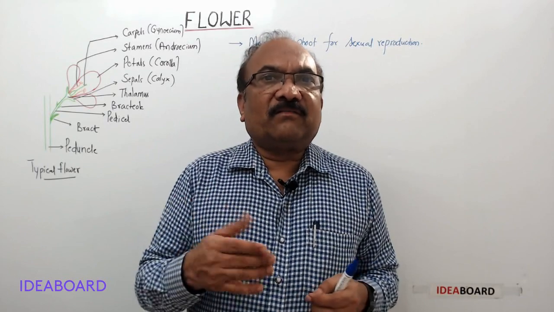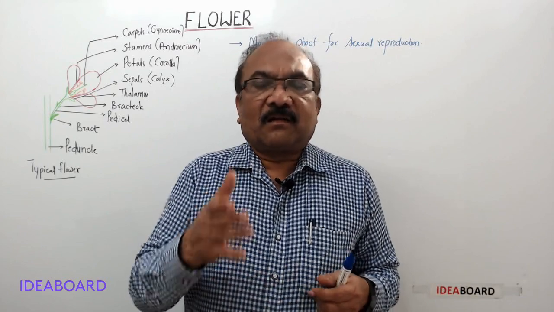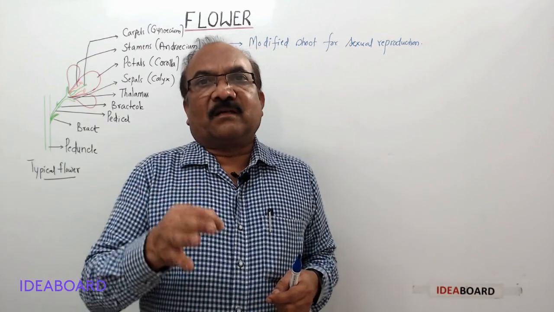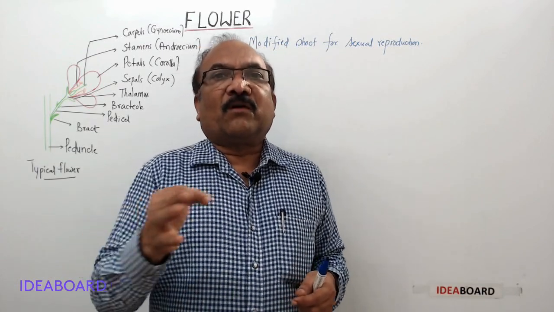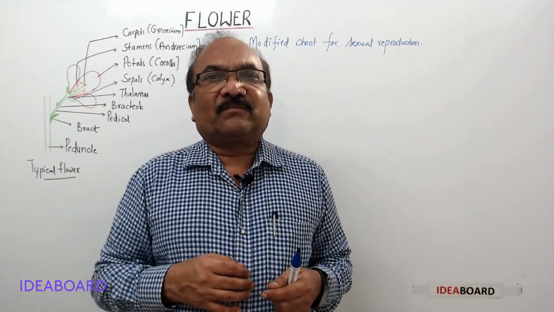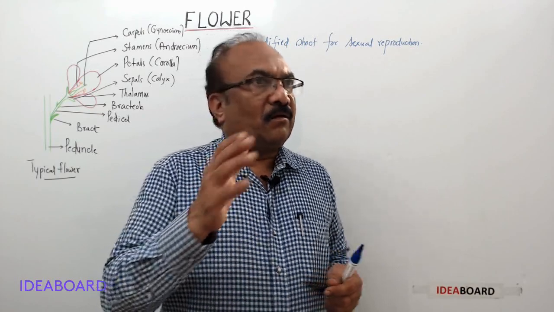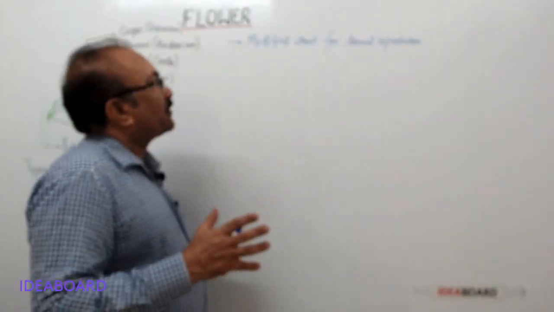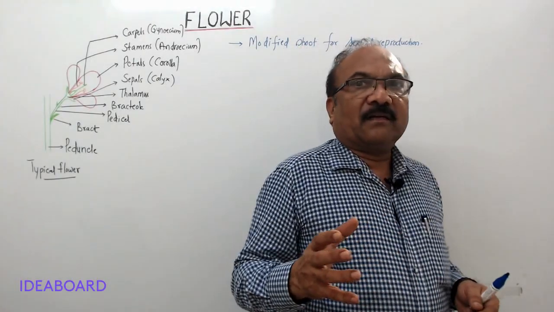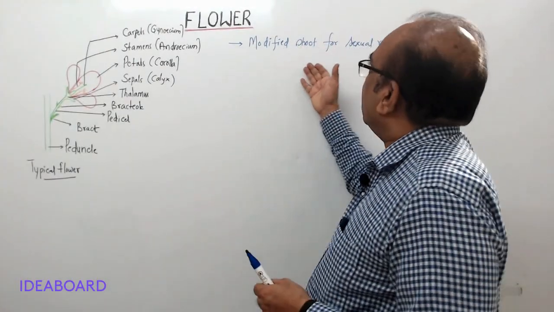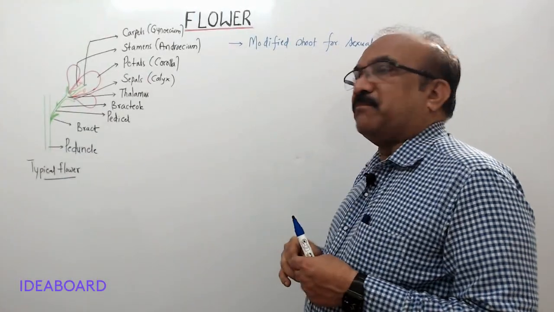They are all modified leaves. Not only sepals and petals, even stamens and carpels are modified leaves. So that's why we can say that this is a modified shoot for sexual reproduction.